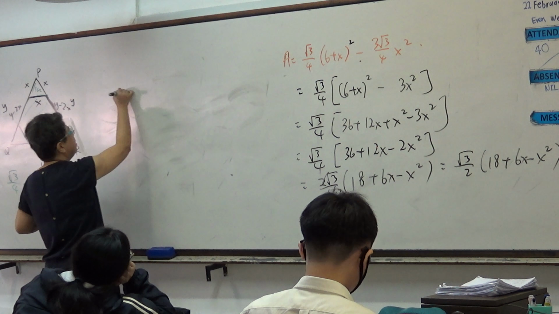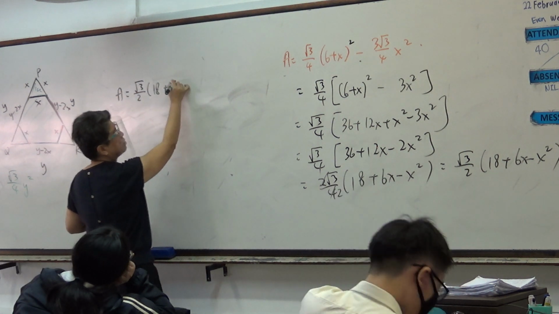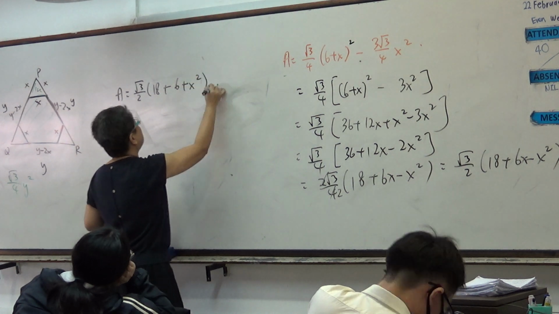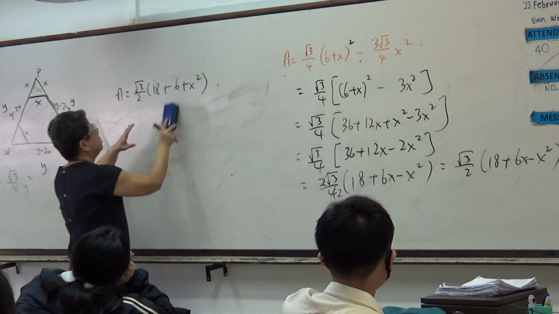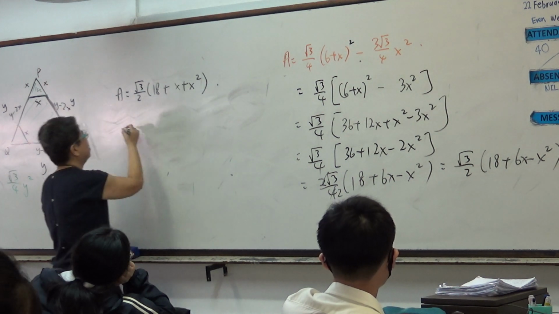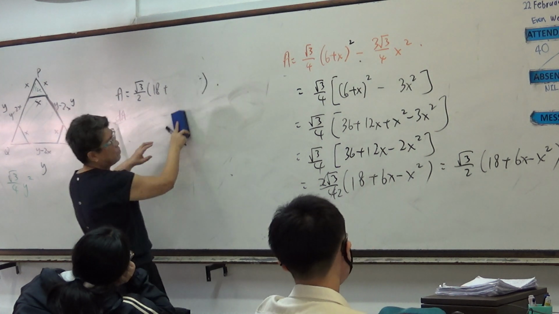Now, A is root 3 over 2, 18 plus 6x minus x squared, right? This is terrible.